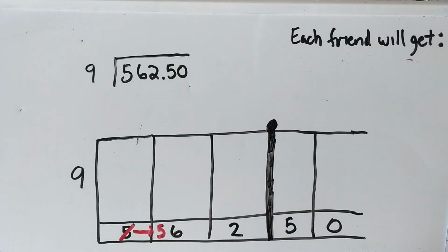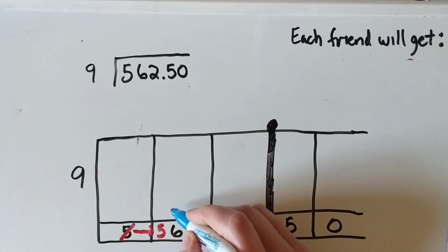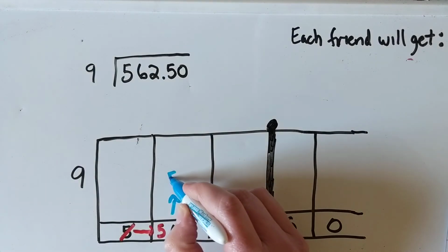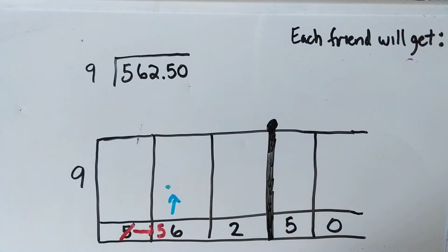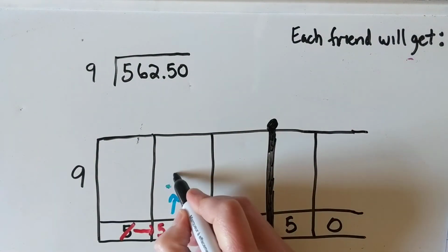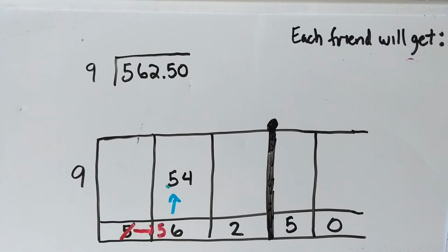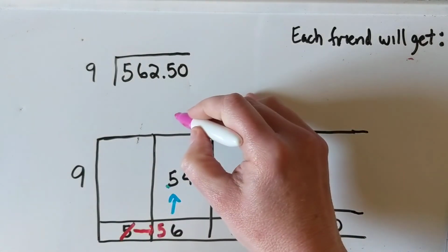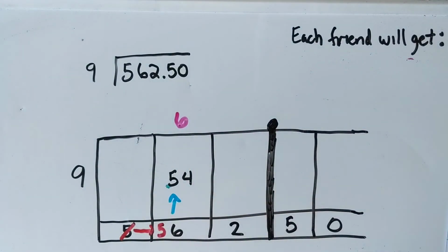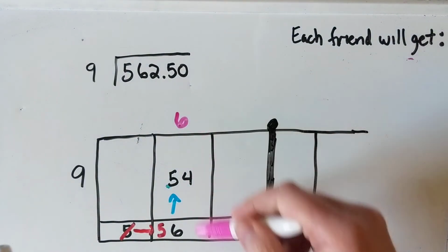Okay, so I'm going to take that 54. And now I don't want to look back at my fractal multiplication thing again, since I already figured out that 9 times 6 is 54, so I'm just going to write it up there. So you can do it as you go.